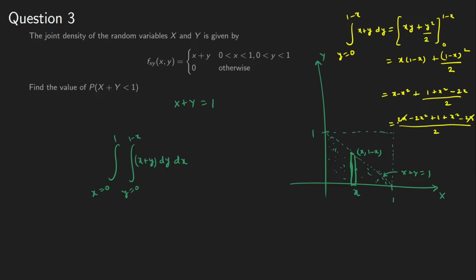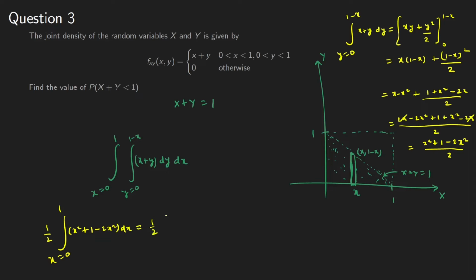So minus 2x and plus 2x will cancel, and we will be left with 1 minus x squared by 2. So we can put it here. x goes from 0 to 1 and we are integrating. 2 we can take out here, and it will become 1 minus x squared. We are integrating it for dx.